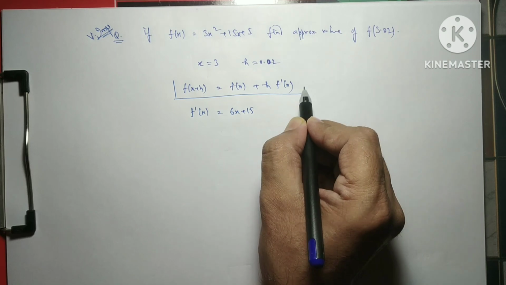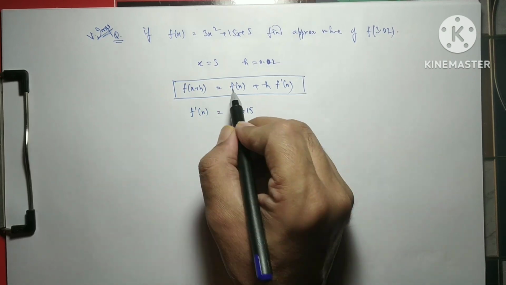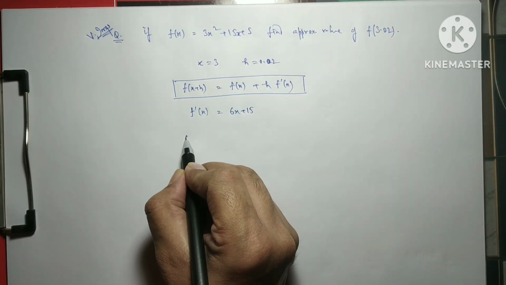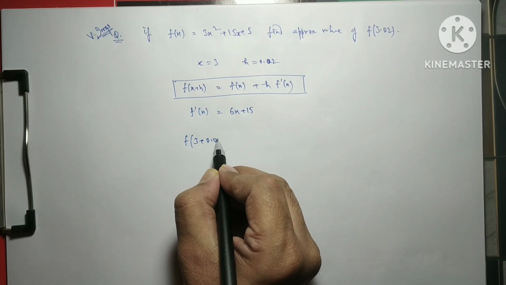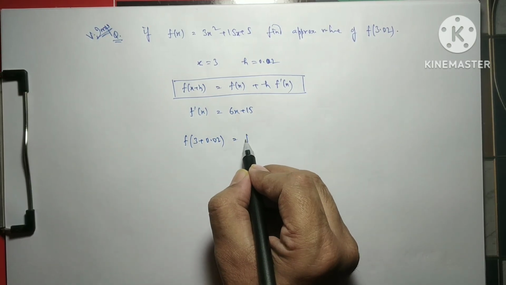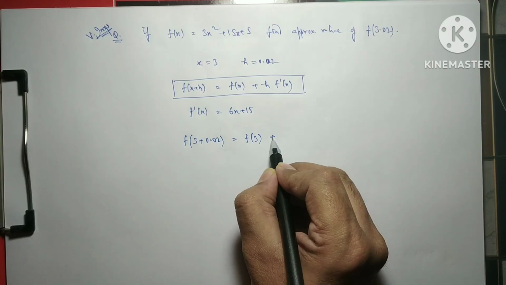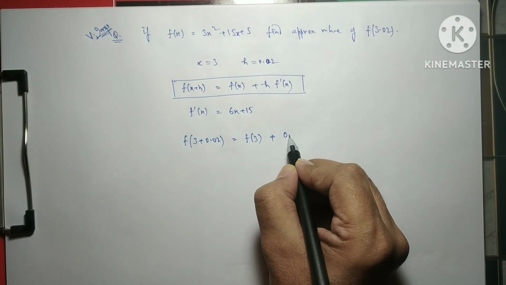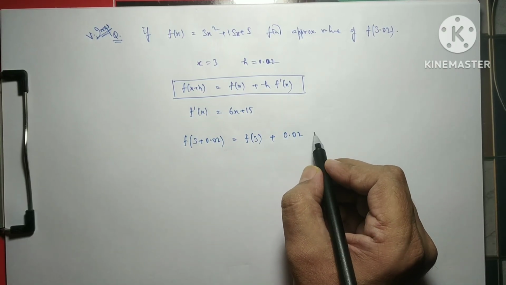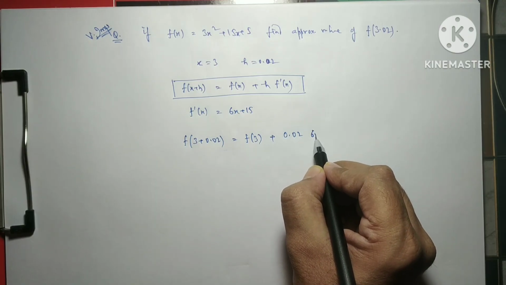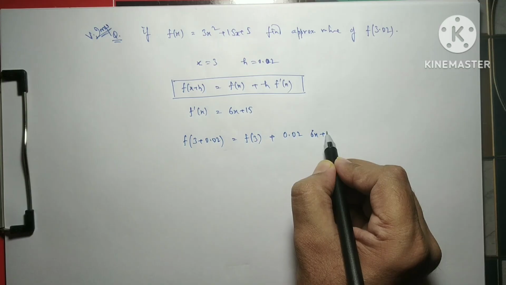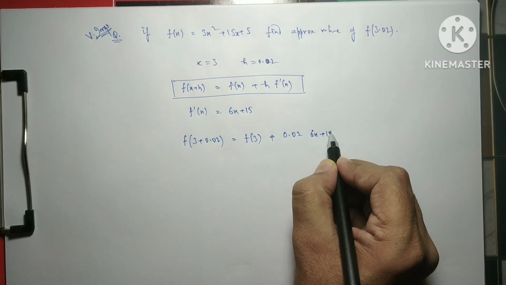So put these values of x and h in this function. f(3 + 0.02) is f(3) plus the variation 0.02 times f'(x), which is 6x + 15.